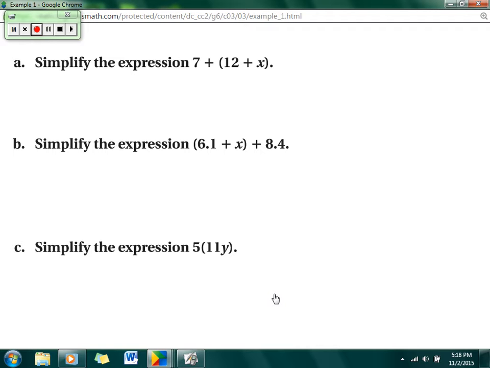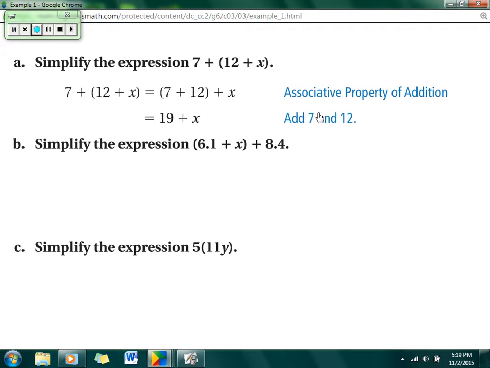When I move my parentheses, that's known as the associative property. So that's going to be the first thing I do. I move 7 plus 12 plus x with the parentheses and 12 plus x, and I move it to the 7 plus 12. Then I can add 7 plus 12 because they're like terms. So I'm going to add, and it's going to be 19 plus x.